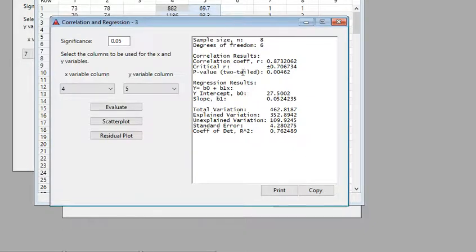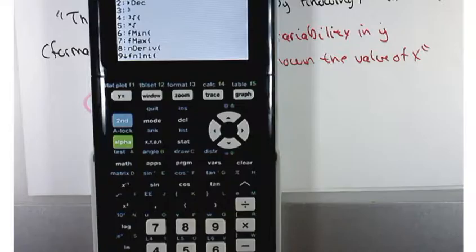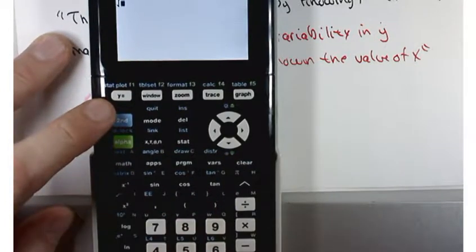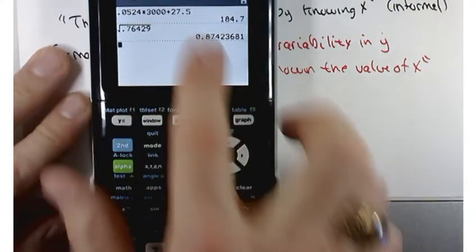So we've got our value of r squared. If I know what r squared is, how do you think I could get r? Yeah, take the square root. So let's take a look at that and see if that works. We'll take the square root of 0.7624. See what we get. 0.874.